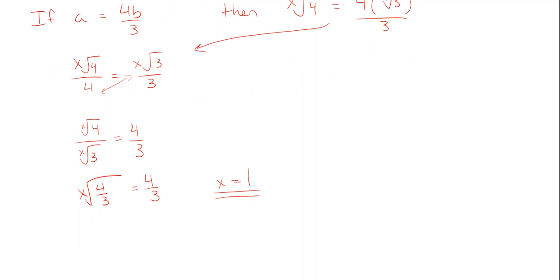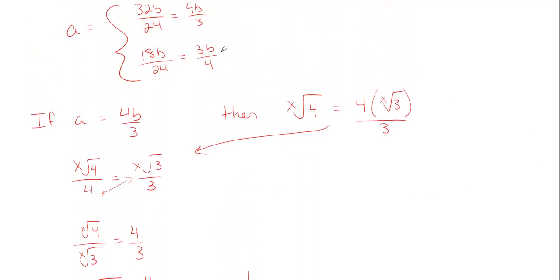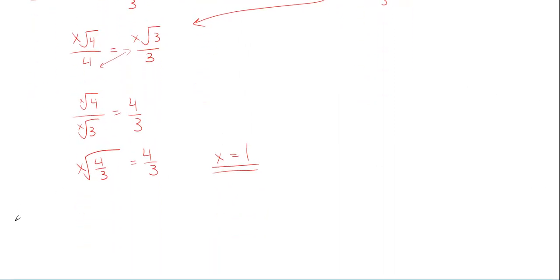All right, so then let's work with the other portion of a, which is 3b over 4. So if we go with a is equal to 3b over 4, well, once again, b was just the xth root of 3. So we would end up with the xth root of 4 is equal to 3 times the xth root of 3 over 4.